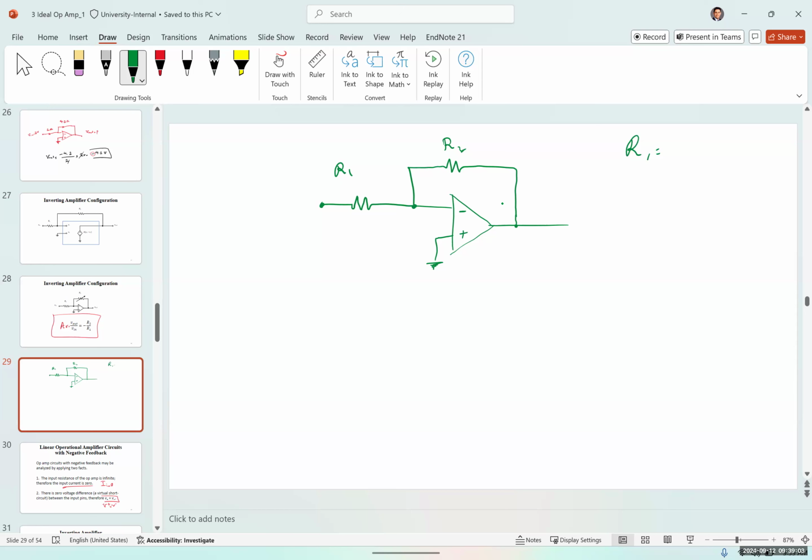R1 is a fixed resistor with a resistance of 250 ohms.